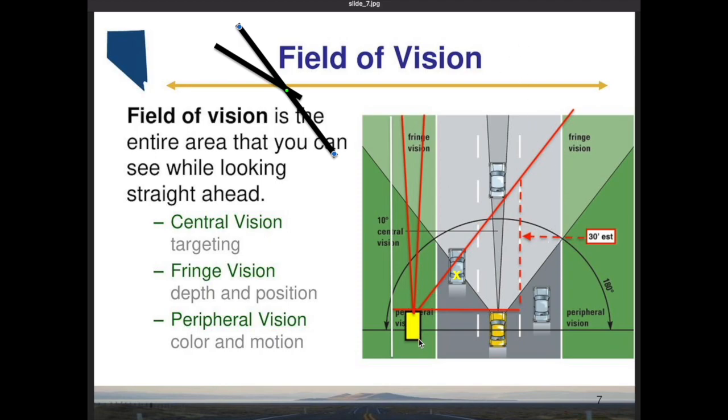So let's say you're driving along, there's a bus coming down here to come to a stop. It goes past your fringe vision, you're probably going to have about 30 feet to not really see what it's doing because, again, you're driving in your heavy flows of traffic and you want to keep your central vision targeting forward to make sure you don't hit a vehicle in front of you.